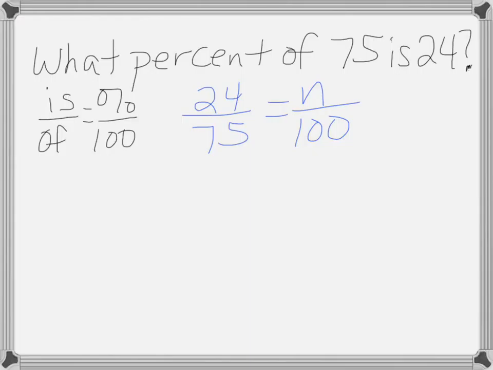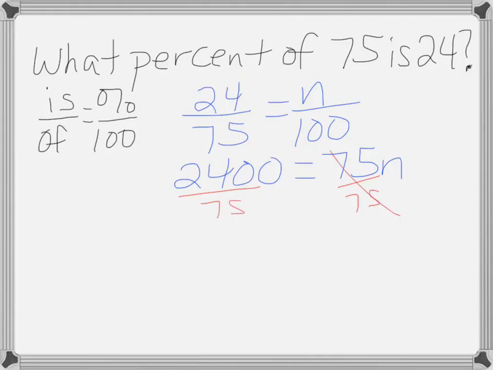Cross multiply, 24 times 100 is 2400, equals, diagonally the other way, 75 times N. Divide both sides by the number in front of the letter. And in your calculator, 2400 divided by 75 is 32. They're asking what percent, so let's put a percent symbol beside our 32.